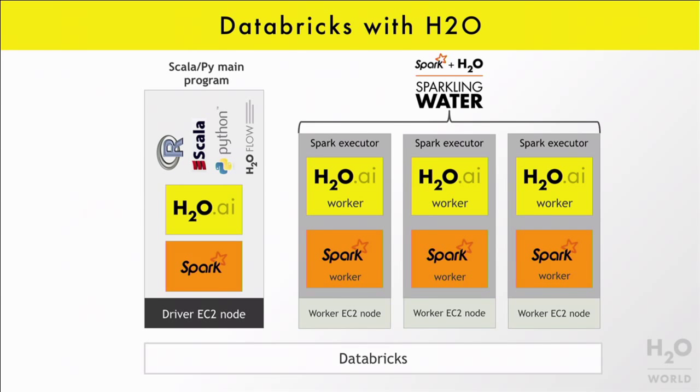You can create an H2O context and start it. And the start means that we will initialize H2O services on each node of the Spark cluster. And then if you have H2O services running, you can use all the power of H2O. And we also provide some utilities to publish data from H2O to Spark and back.